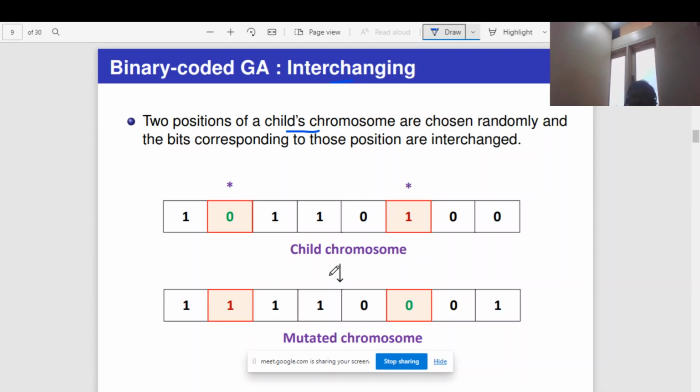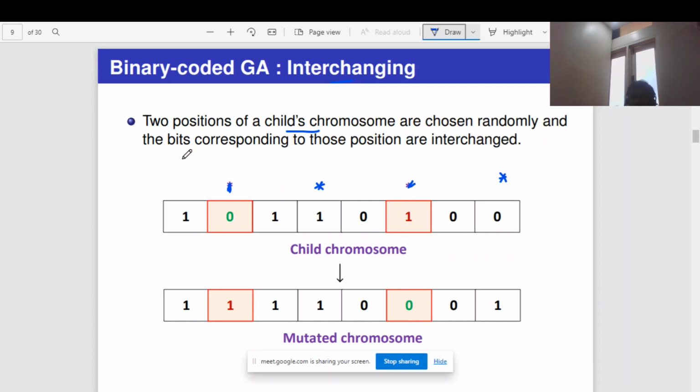Sometimes whatever you select may be both 1. In that case there will not be any change. If both are zeros also, there will not be any change. Assume that these are the two positions selected.